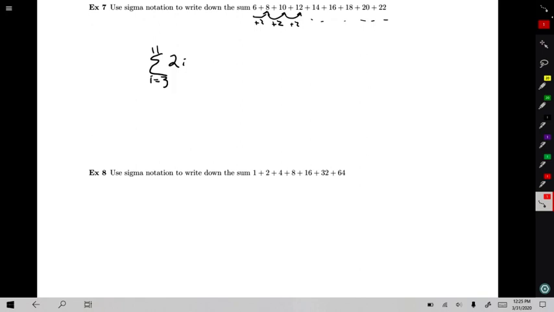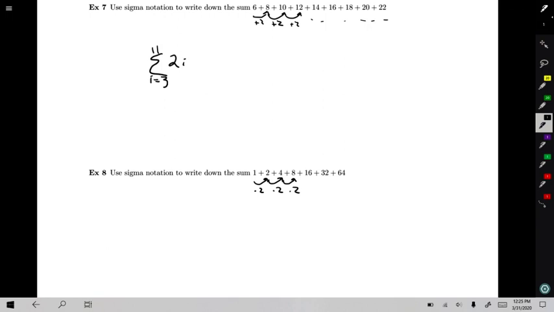Maybe the pattern that we want to recognize here is each time I move to the right to a new summand, so the different components of the sum are called summands, I am multiplying the previous one by 2. So if I go from 1 to 2, that's multiplying by 2. If I go from 2 to 4, that's multiplying by 2. 4 to 8 is multiplying by 2, and so on.